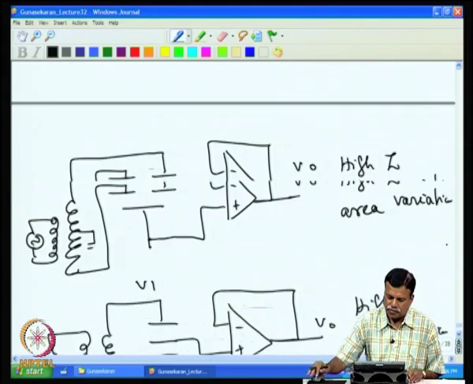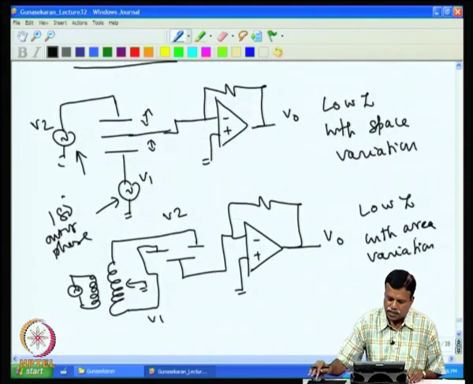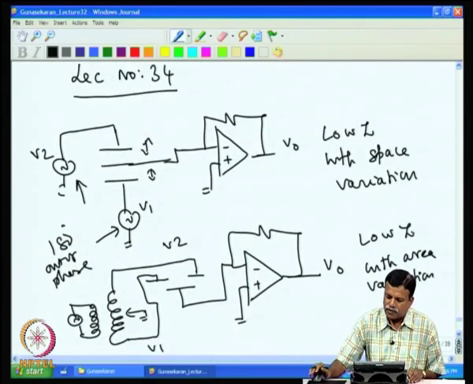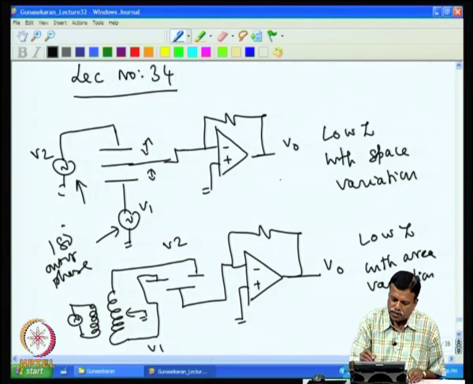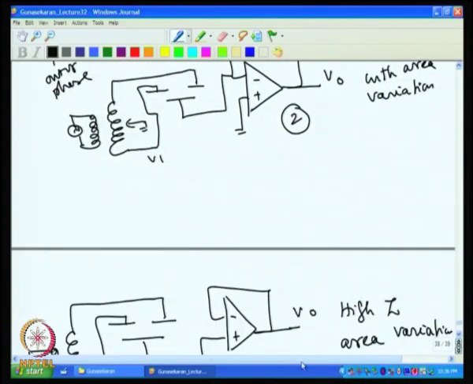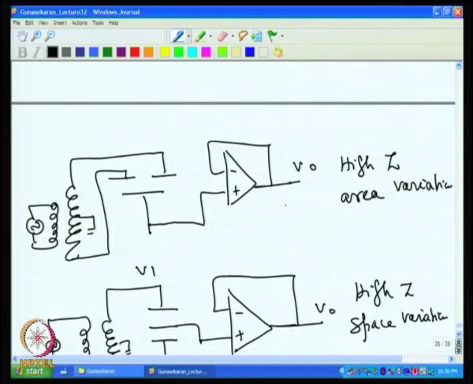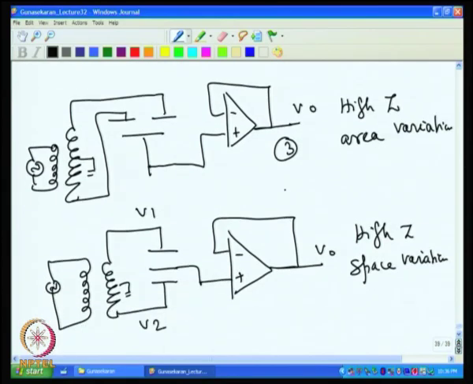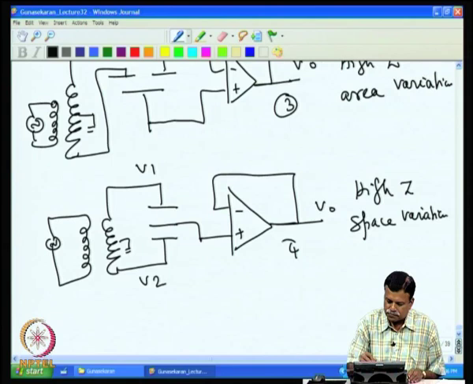So, we will number them, because now we want to see in a consolidated manner what these amplifiers are and the advantages and disadvantages of each. This we call number 1, this number 2, then circuit number 3, and then circuit number 4.